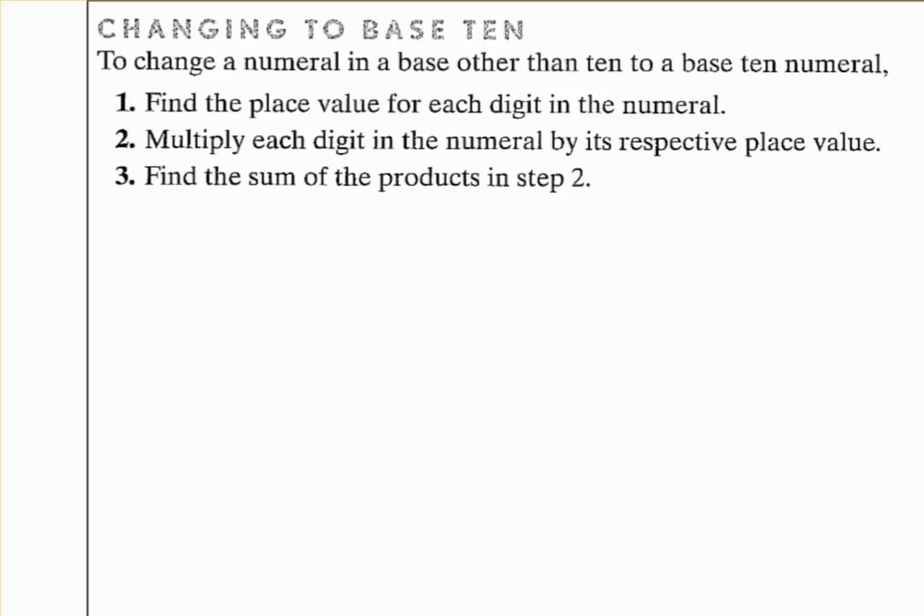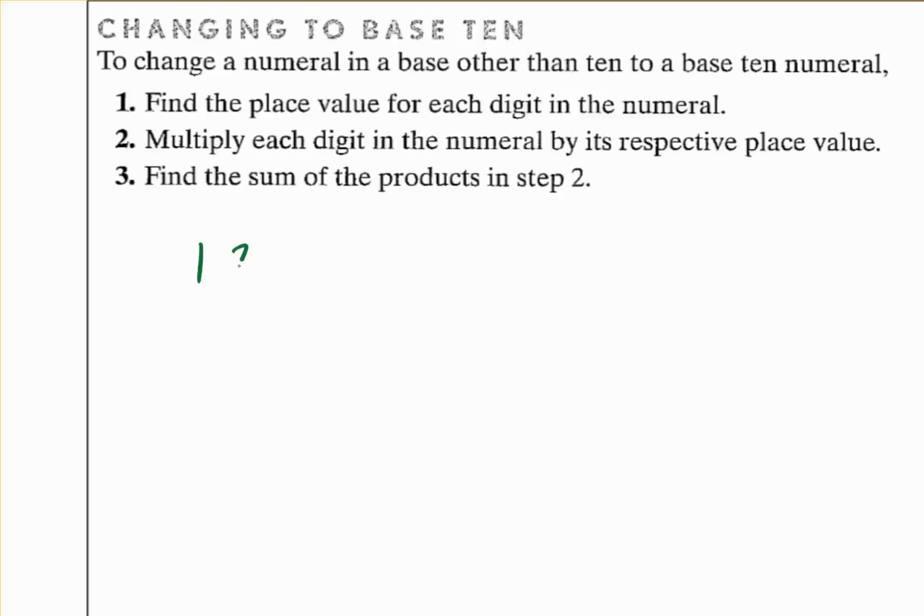So let's summarize the work we just did, changing to base 10. To change a numeral in a base other than 10 to a base 10 numeral, find the place value for each digit in the numeral, multiply each digit in the numeral by its respective place value, and find the sum of the products in step 2. So let's take a look at what that looks like.